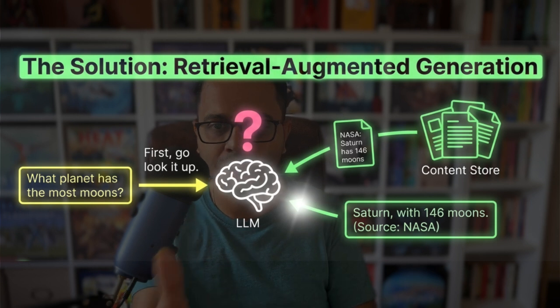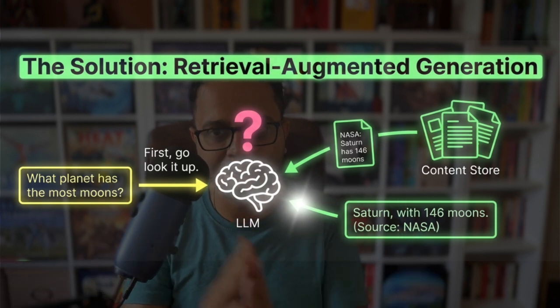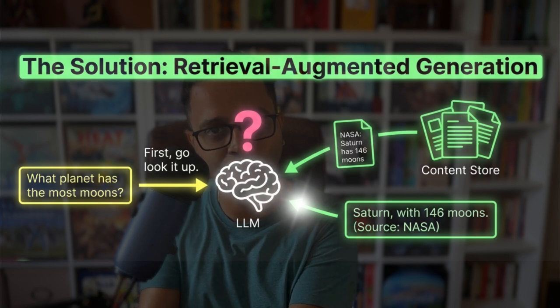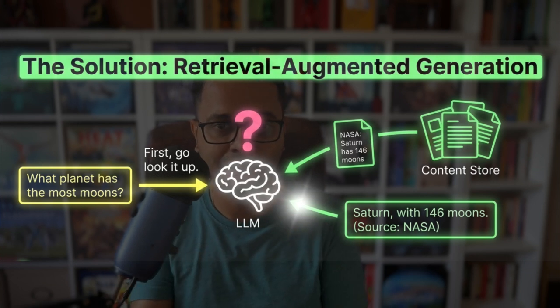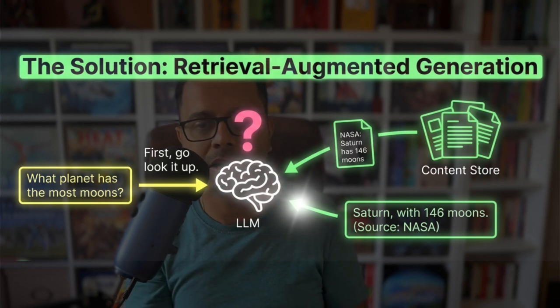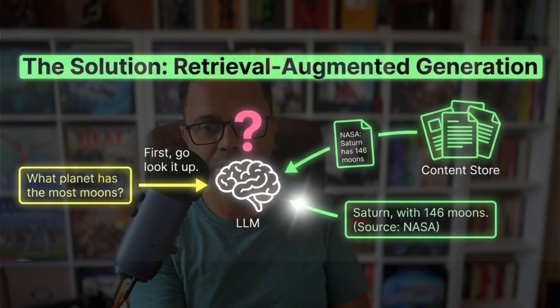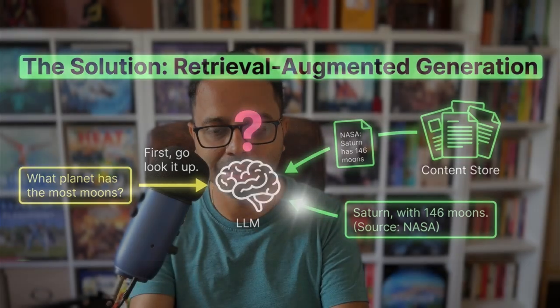It would have probably found that in one of NASA's recent documents, the PDFs that I gave it from where it can search the answer, Saturn has the most number of moons, right? And then it would have given me the answer: hey, here is a source where I found it, and according to this source, Saturn is your answer.